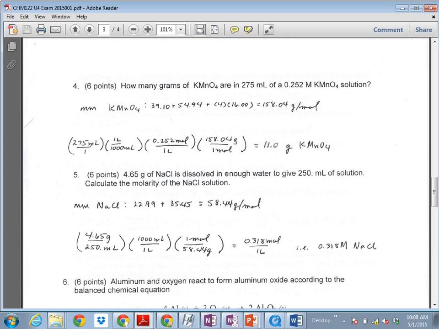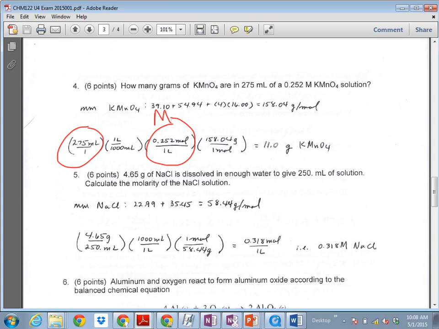But to do it all in one step, what I would do is first unpack molarity. What that 0.252 M means is 0.252 moles of KMnO4 per 1 liter of solution.